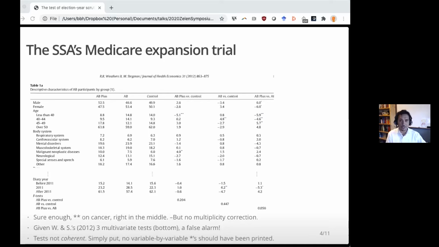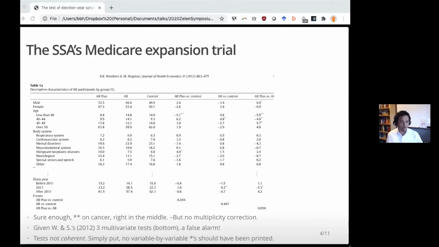A brief divergence into the technical issues about multiplicity: one can make a strong argument just from interpretability of tests that this regime of tests being presented is not coherent, and making it coherent would have quickly erased all of the significant stars that you see in the table, making the variable by variable test coherent with the multivariate test at the bottom.